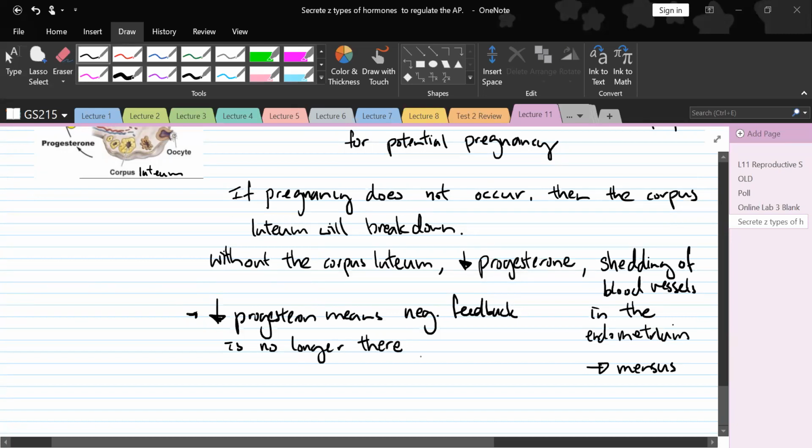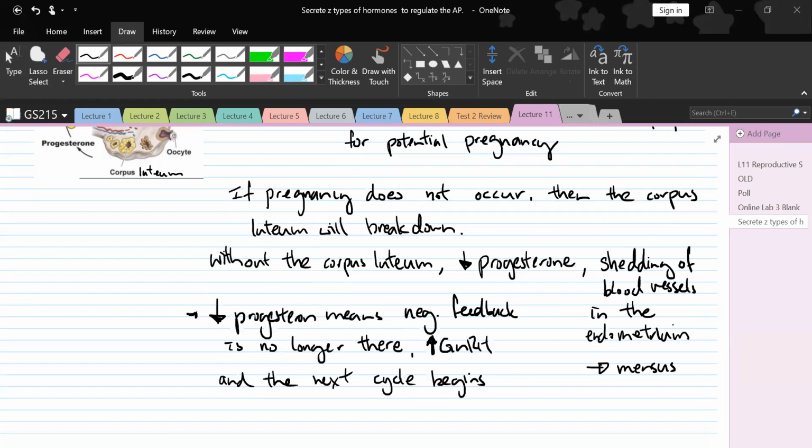And without the negative feedback, you will have increase in GnRH, and the next cycle begins. Okay, so that's what happens when there's no pregnancy. Right? You shed the endometrium, and then you start the next cycle again.